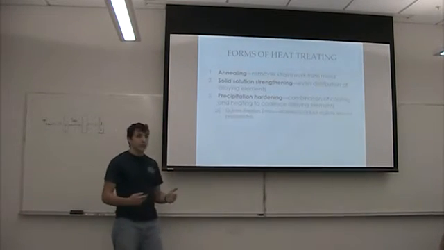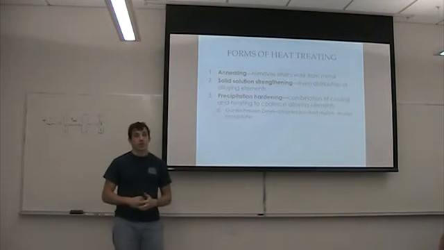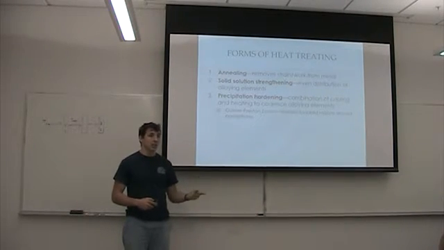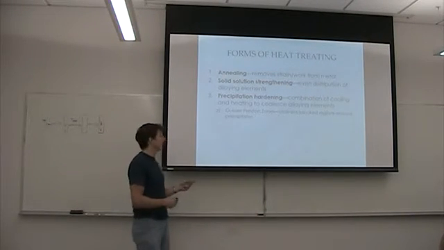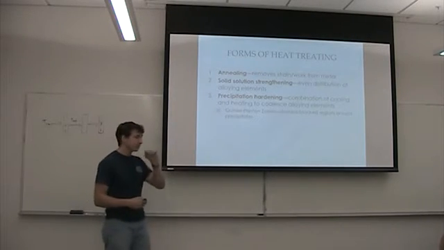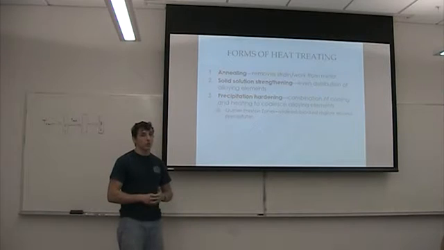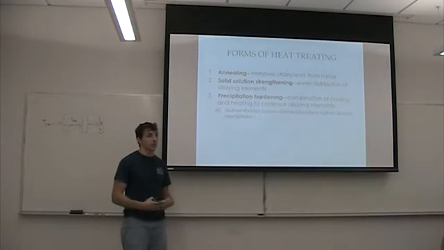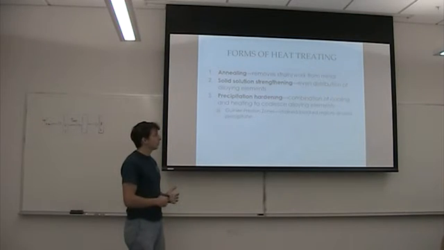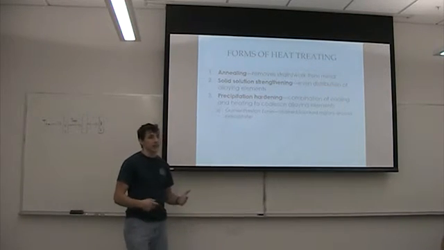So there's three main different ways for heat treating metals. You can anneal it, you can solid solution strengthen it, or you can get precipitation hardening. What annealing does is that it puts in energy in the form of heat to allow the atoms to diffuse and create a continuous matrix. Solid solution strengthening is your basic alloying method.